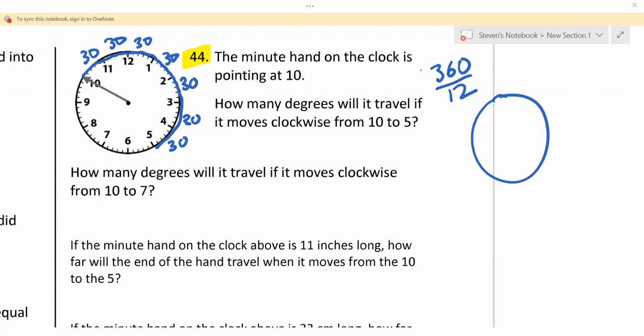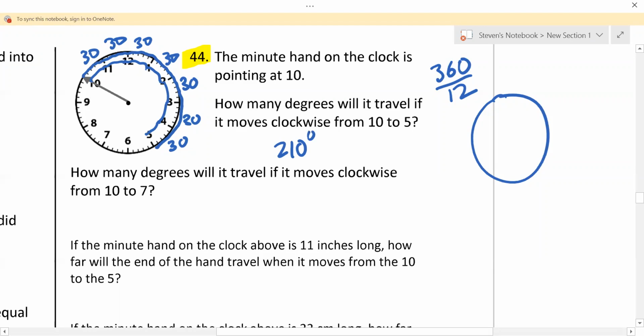Look at it carefully again. 30, 60, 90, 120, 150. I've got to go 2 more times, right? 180, and then 1 more time, there you go, 210. Yep, 210 is correct. So it will travel 210 degrees.